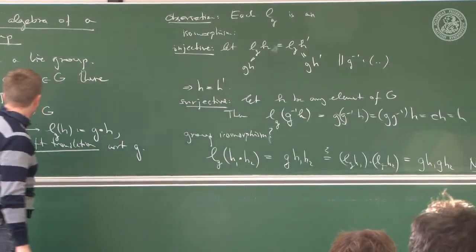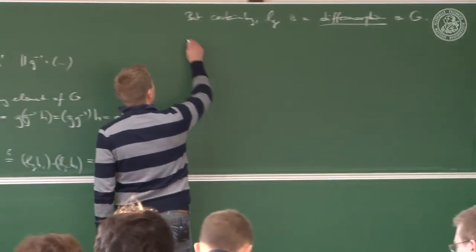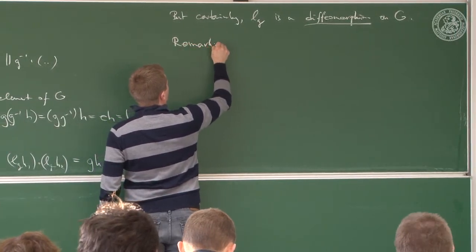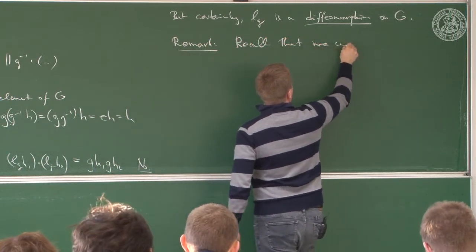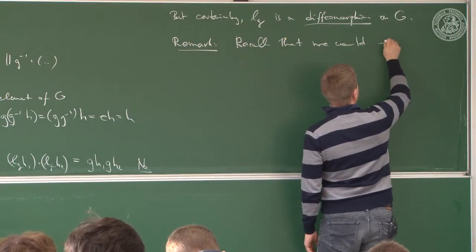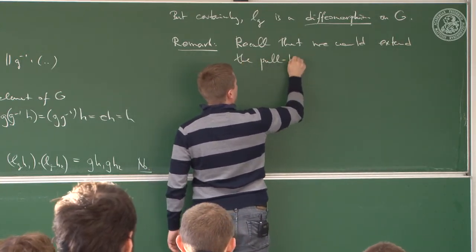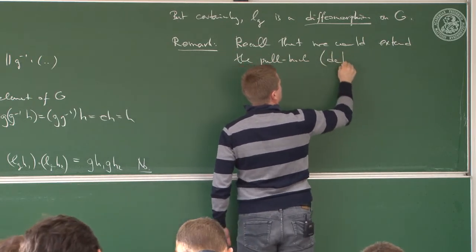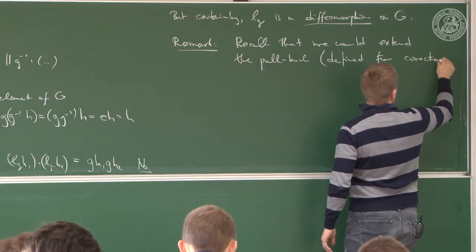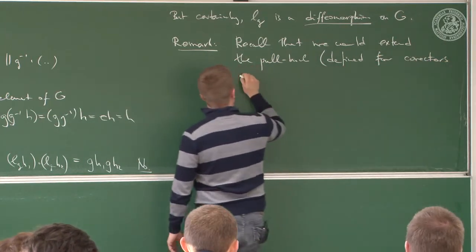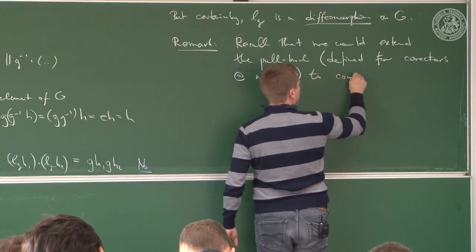Now, why do I insist on this? Well, recall that we could extend the pullback, which was defined for covectors at a point, to covector fields.